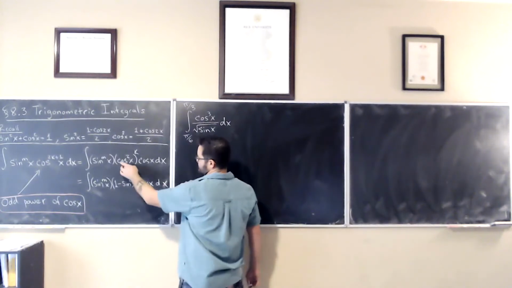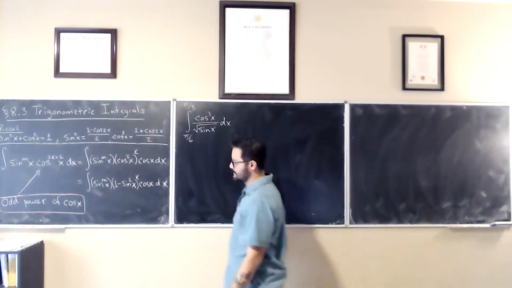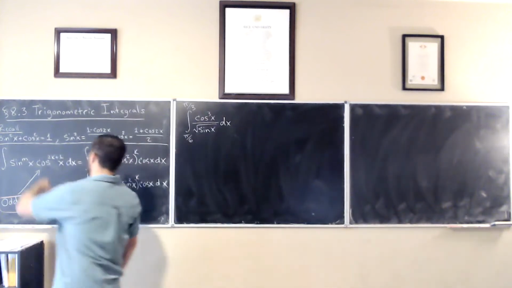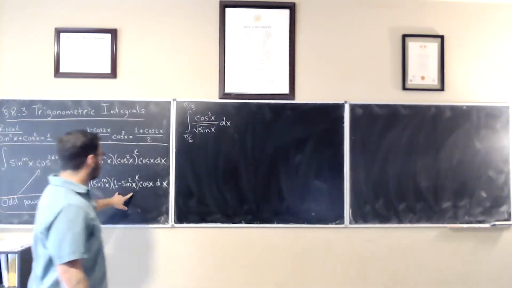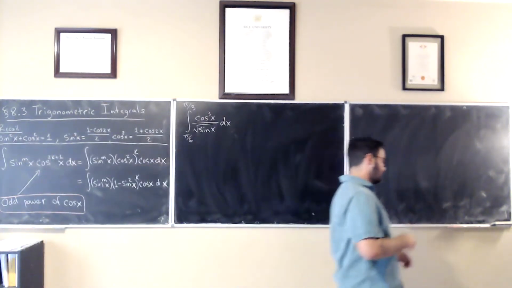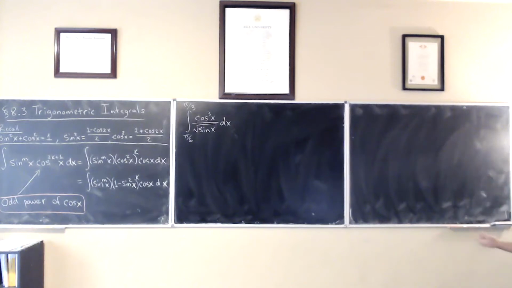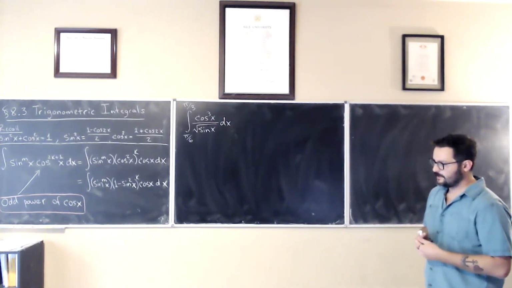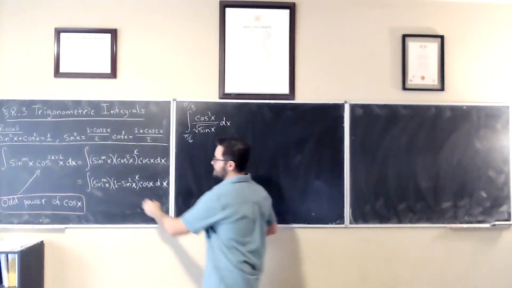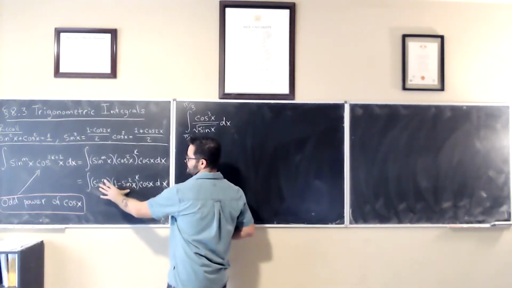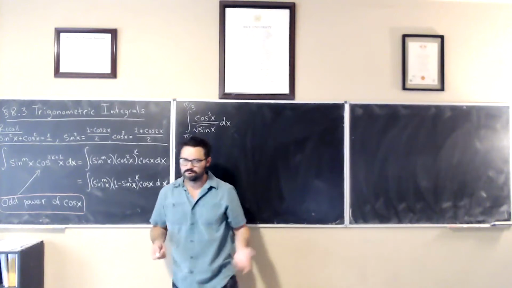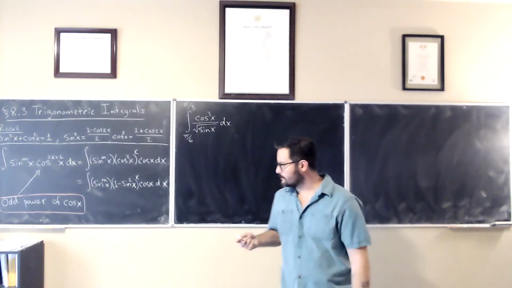And then we replace cosine squared with 1 minus sine squared x using the Pythagorean identity. And once we're here, we can multiply out, expand, combine back, and we'll have sine now as our u and cosine as our du, or the other way around.